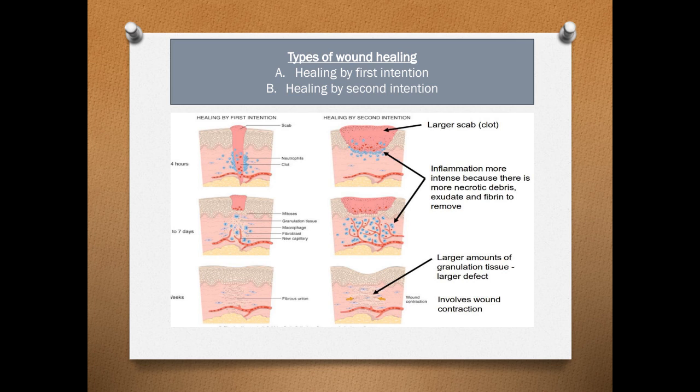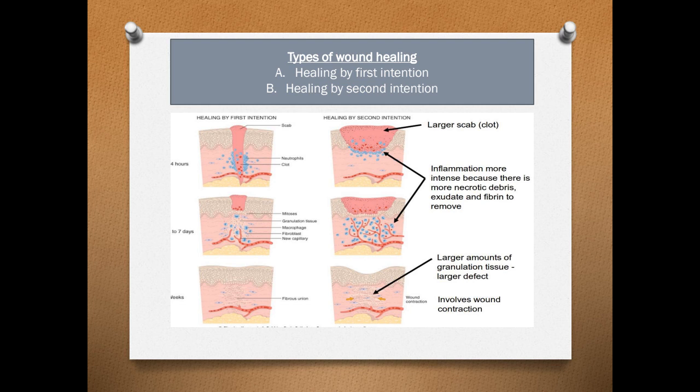And this is also part of the process of healing, the types of wound healing, because we have two types. The first type is healing by primary intention, or first intention, and then healing by secondary intention.